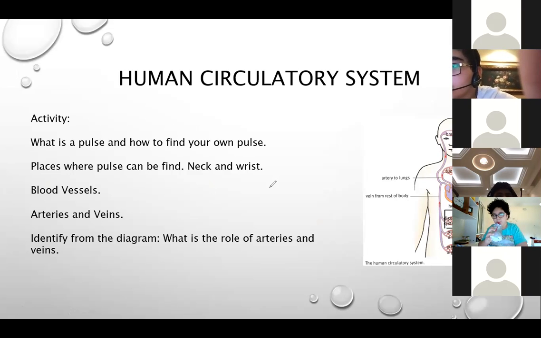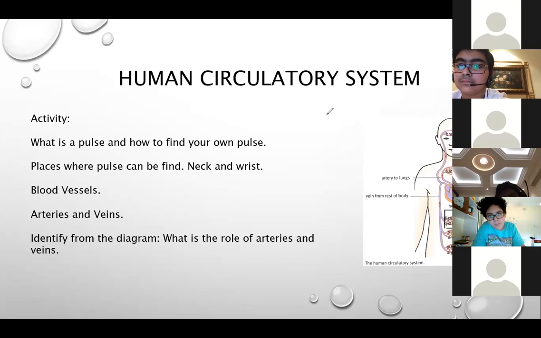This diagram helps us to understand that the artery divides into very small tubes. We call them capillaries. And once the blood goes into the capillaries, they are so thin and so tiny that the food and the oxygen can easily diffuse.